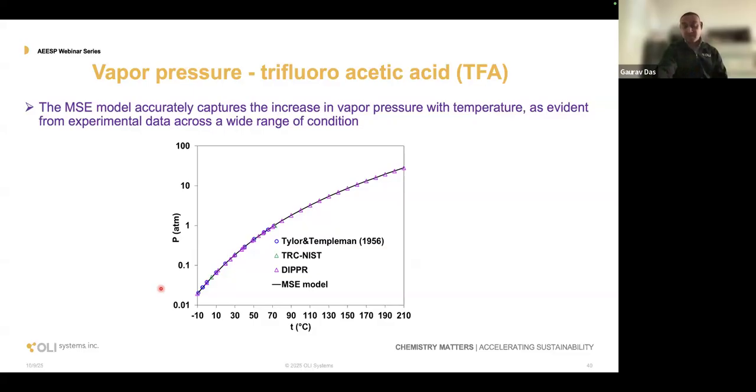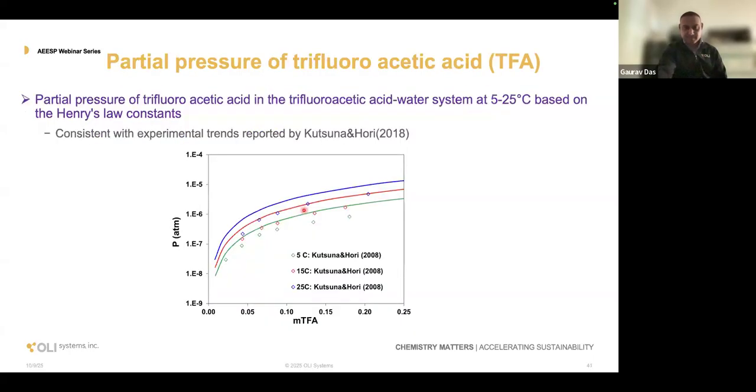So these are some modeling results I am going to show for one of the representative PFAS compounds, trifluoroacetic acid. For example, here I show the vapor pressure of this compound. Experimental data for this case are all in agreement and available from different sources over a wide temperature range from -10 to 210 degrees. And the vapor pressure of this TFA compound is well represented using the MSE framework.